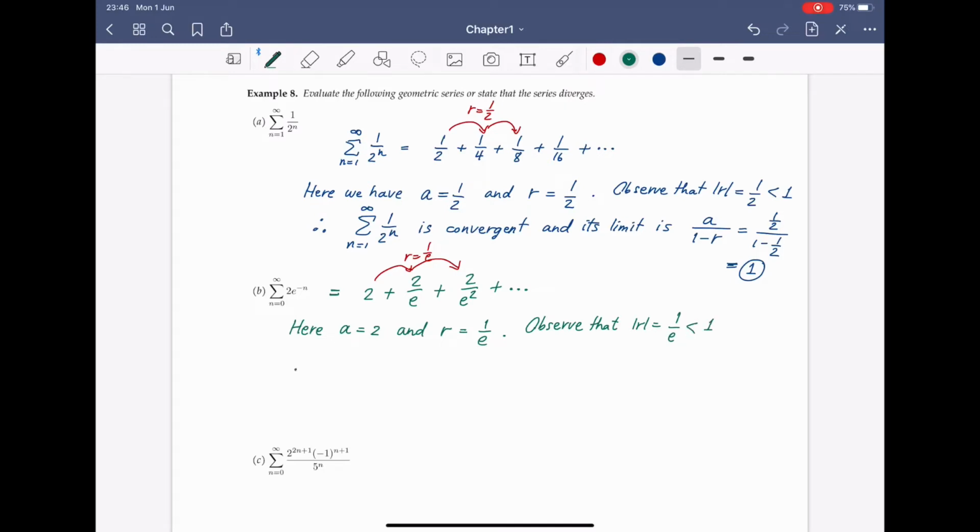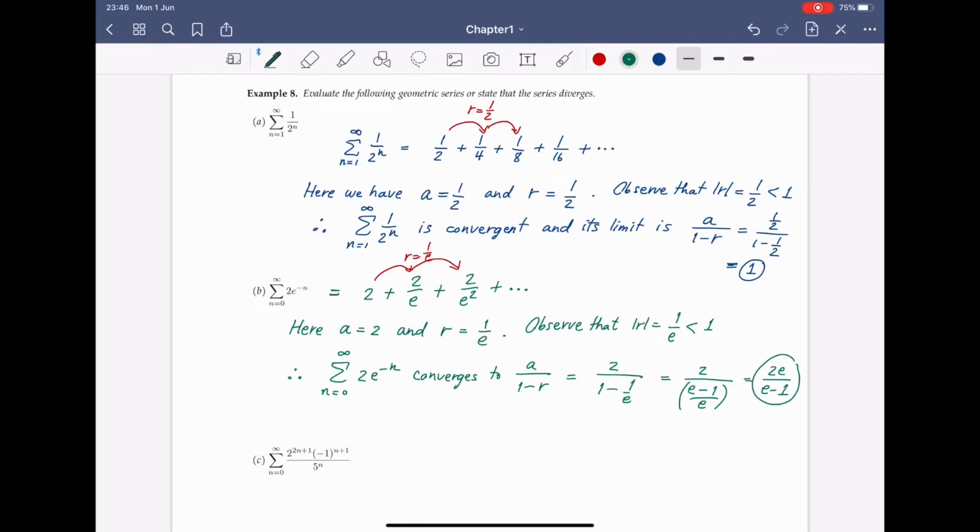So the series is convergent, and it converges to the limit a over 1 minus r, and that is 2 over 1 minus 1 over e. If you simplify this, you get 2 over (e minus 1) over e, and that is 2e over e minus 1. And that is the limit of this series.